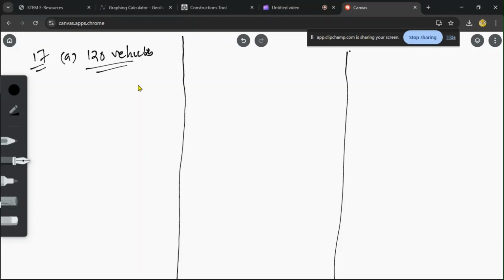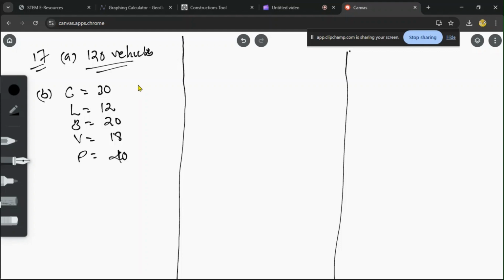So remember, cars are 30, lorries are 12, buses are 20, vans are 18, and the last one is pickups, they are 40.